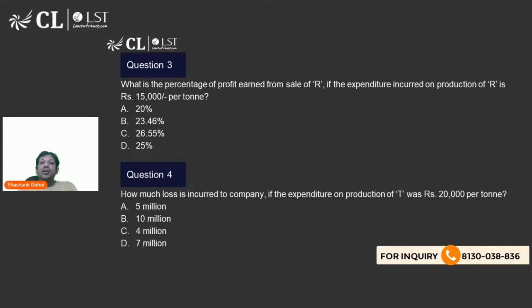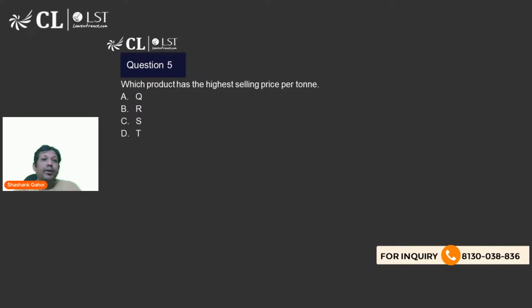The expenditure incurred on production of R is 15,000 per ton. How much loss is incurred by the company if the expenditure on production of T was 20,000 per ton? And which product has the highest selling price per ton?